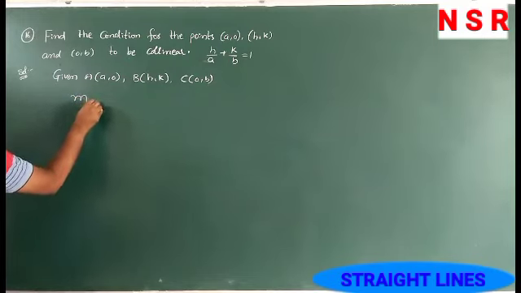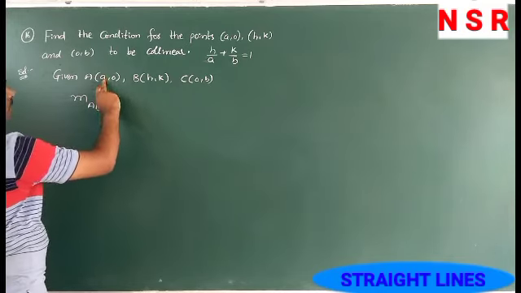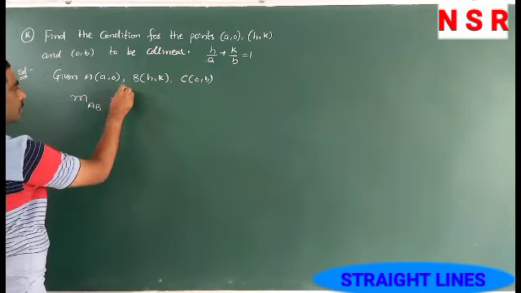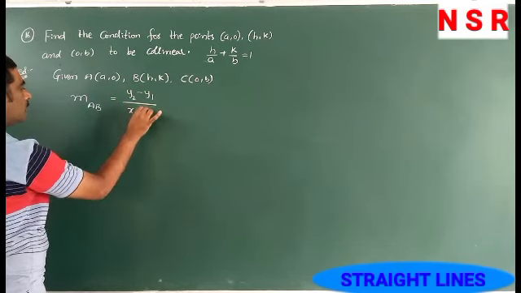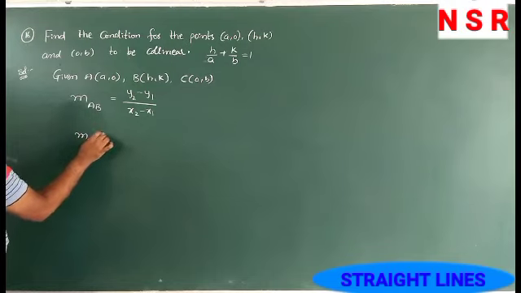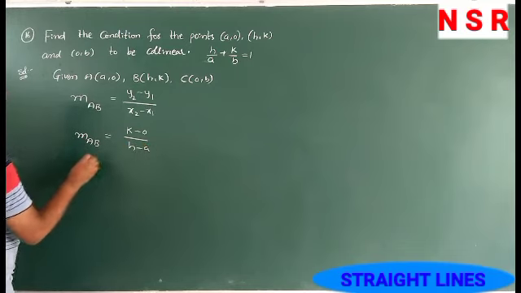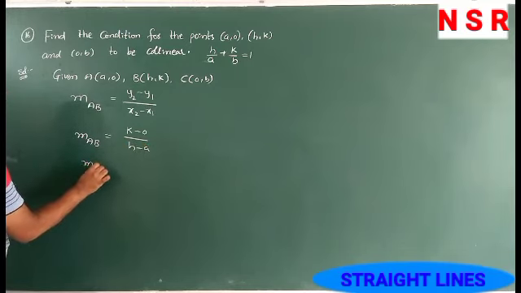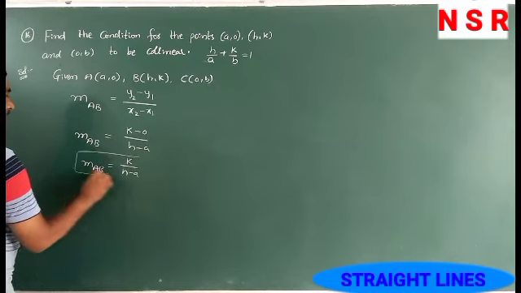First find the slope of AB, using (y2 - y1)/(x2 - x1). Slope of AB = (k - 0)/(h - a) = k/(h - a).